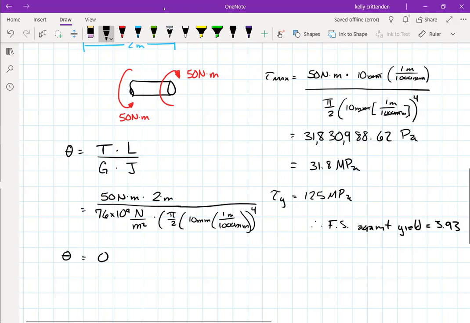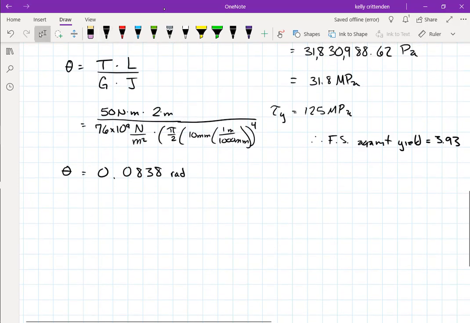theta equals 0.0838 radians. So if you want to know degrees, because a lot of people don't think in radians, even though radians are the thing that actually relates to the circle versus some arbitrary number of divisions, then you could go 0.0838 radians, and there are 180 degrees per pi radians.